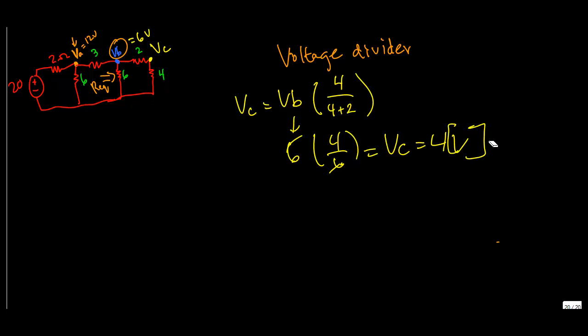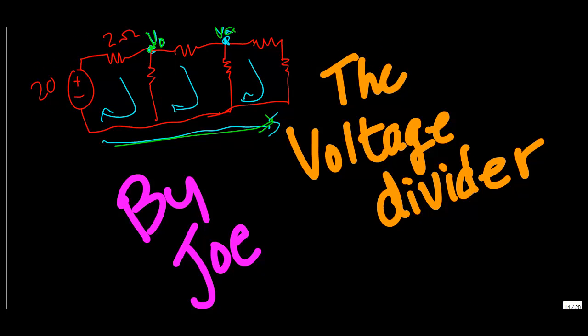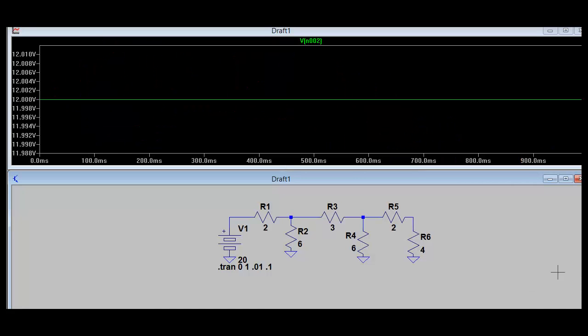Alright, let's double check our work again in LTSpice. I had already drawn out the circuit and done a simulation, but I can show you what it looks like. At this point here, which we called VA, we found it to be 12 volts, and LTSpice agrees it's 12 volts.